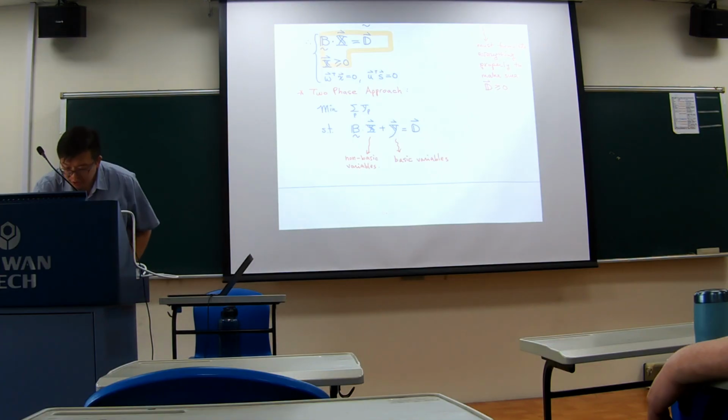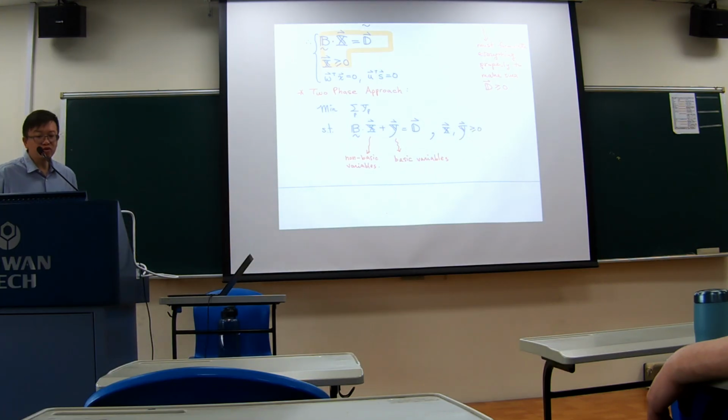Okay, and of course, all the x and y are positive. So you just solve this additional problem like a phase one approach, and you will be introducing new variables.